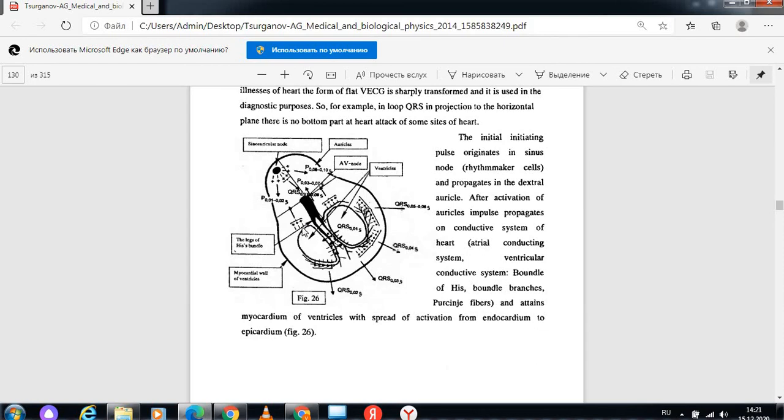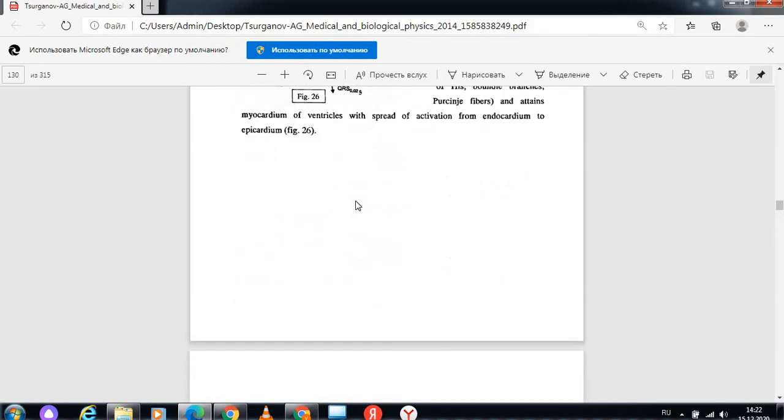I'm not very familiar with how to pronounce it right. And it reaches the myocardium of the ventricles, with the spread of activation from endocardium to epicardium, on figure 26.